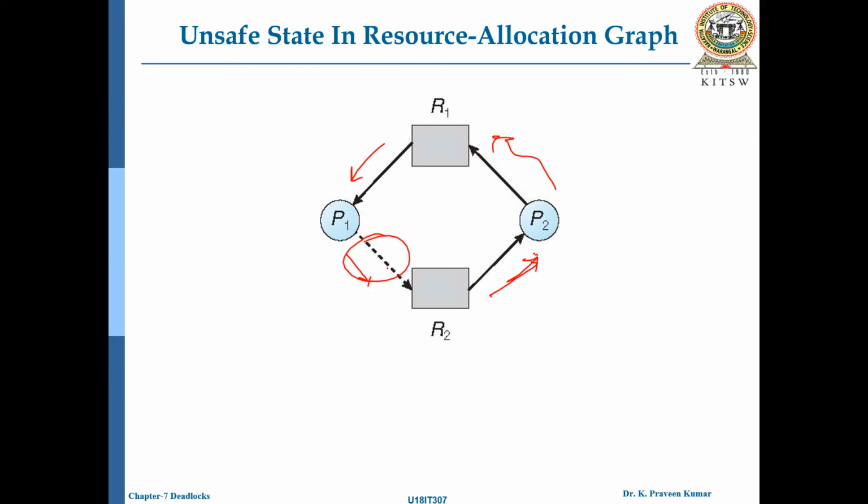Claim edge means it has not been assigned. So by seeing this claim edge, it will become a cycle. If there is a cycle, then it leads to deadlock. Immediately the system can find out that if it is assigned, then it cannot be in a safe state. So it will lead to deadlock, so we cannot assign this resource. In that way, you can avoid the deadlock.